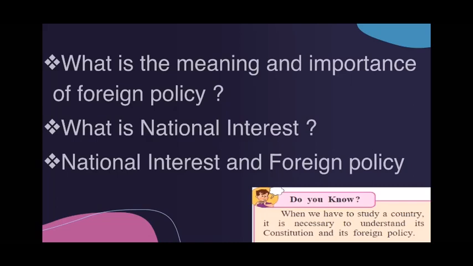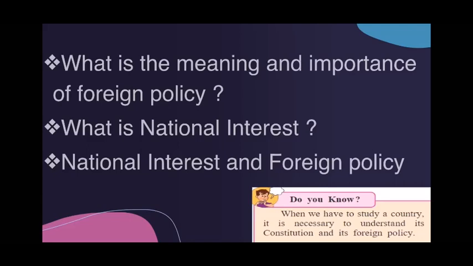Every sovereign and independent country decides its own foreign policy. What is national interest? Now, national interest means through which the independence and sovereignty of a country can be safeguarded.